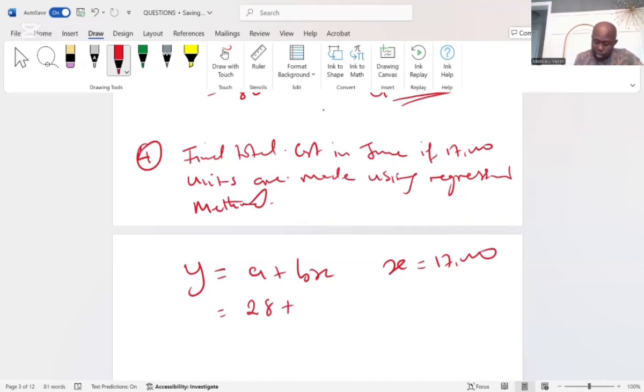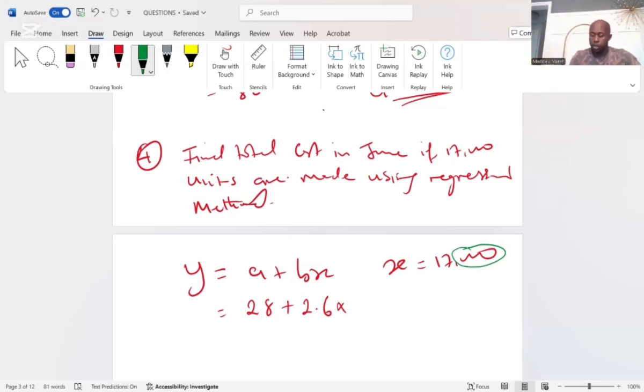We have b to be 2.6. But remember, we have been working in 1,000, so skip 3 zeros. Don't forget consistency. By default, a should have been 28,000.